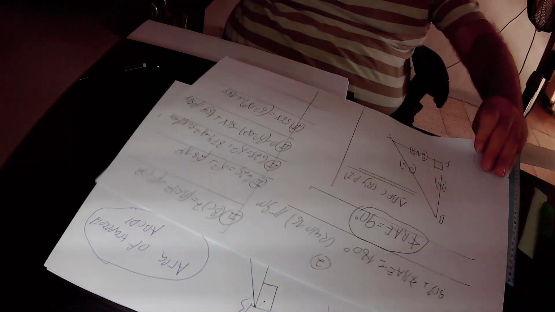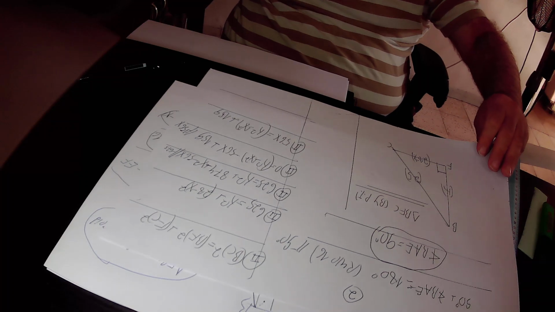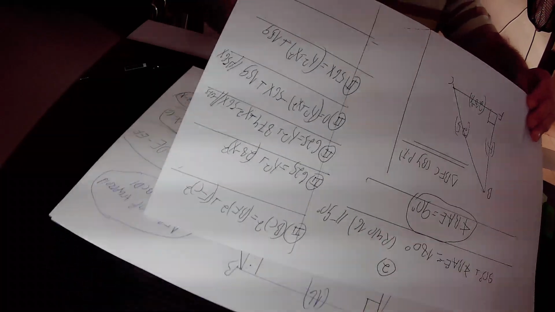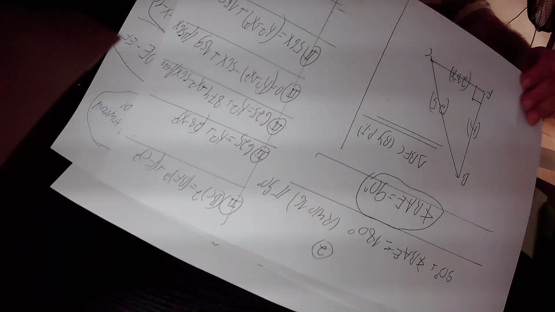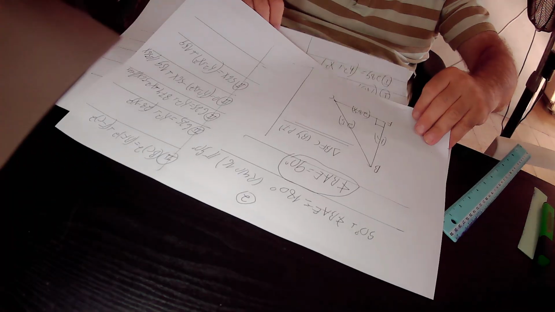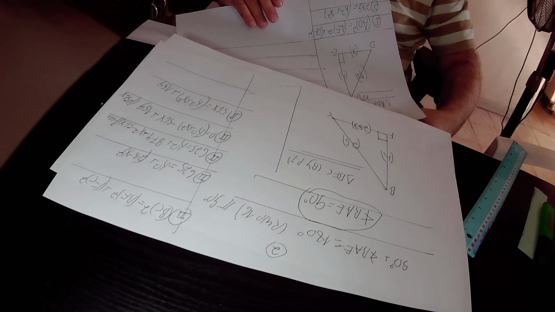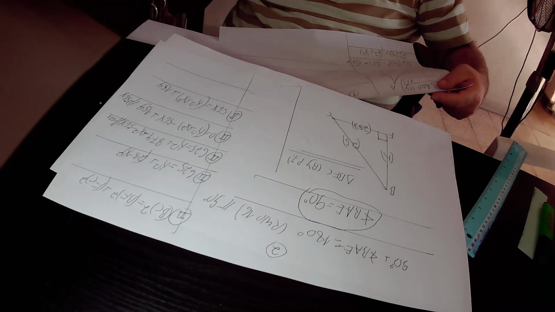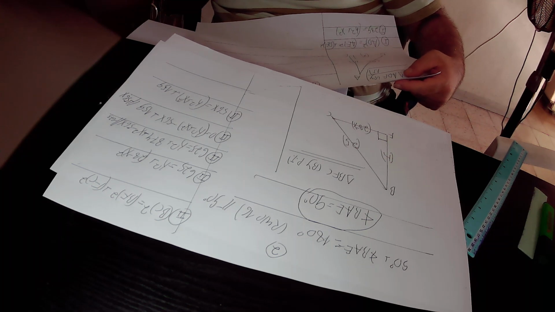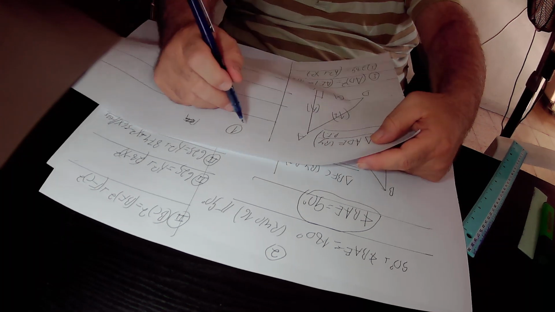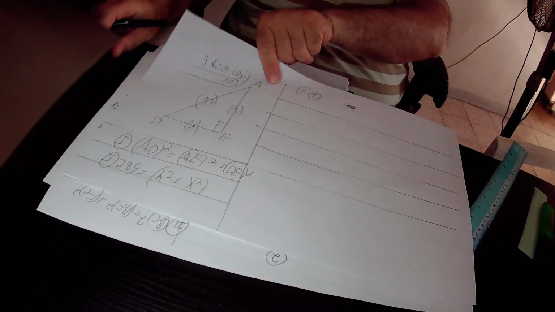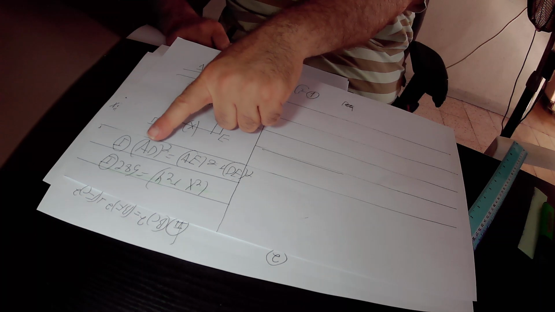Okay, so we have already found out that according to equation 1, 8 squared plus x squared equals 289.